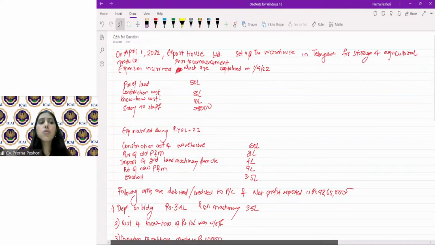Purchase of land, construction cost, know-how cost, and salary to staff. What will you do in this case? Yes, what will you do in this particular case?